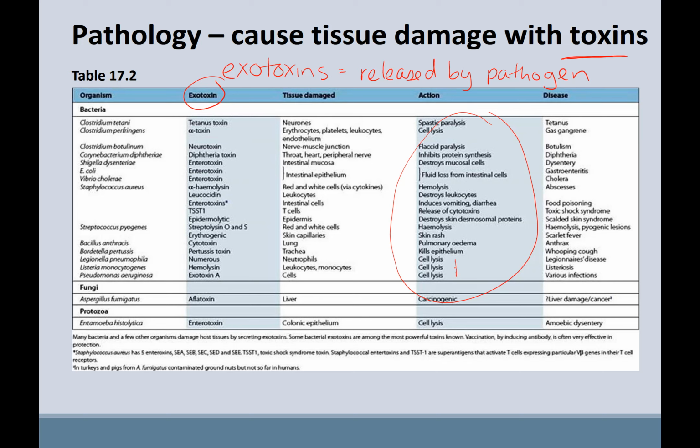So it can kill cells, it can increase vomiting and diarrhea. We'll talk about those in a minute. It can damage both regular cells and damage parts of the immune system, like the red cells, the white cells, the leukocytes, the T cells.